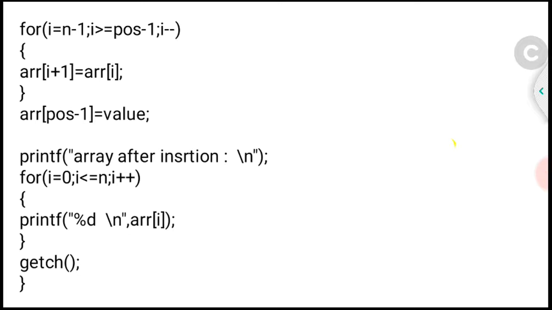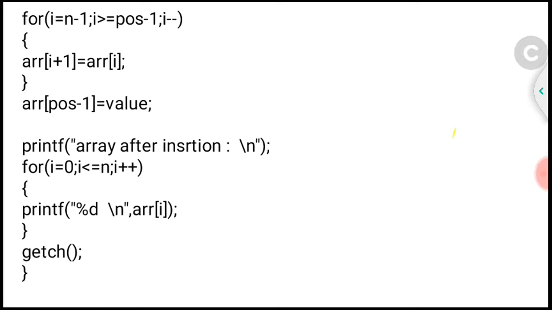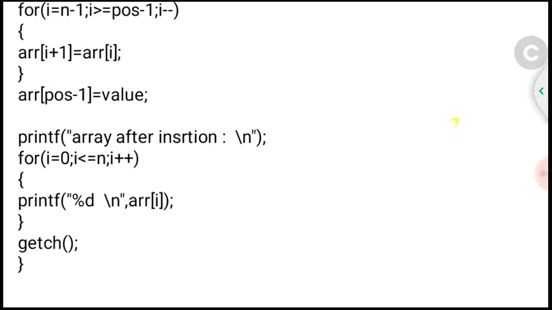As you can see here in the program, arr[i+1] is equal to arr[i], and when the counter reaches the position, at that time the value will be inserted into arr[pos]. Okay, and finally we are printing all the elements, that is printf of array after insertion, as you can see here. So this is all about the insertion into array program.